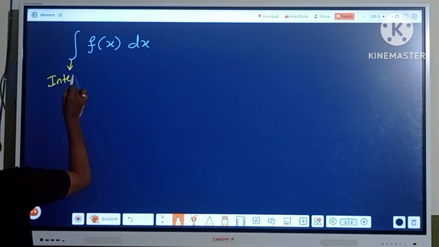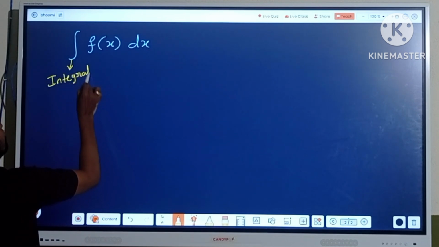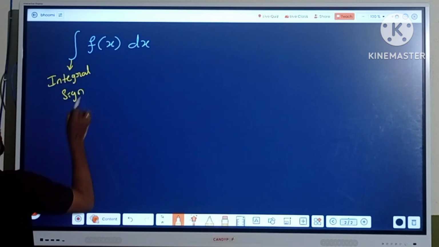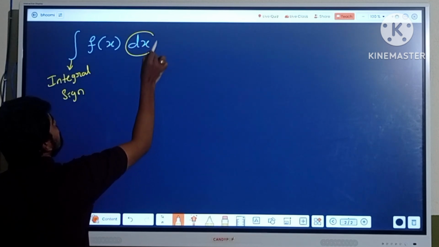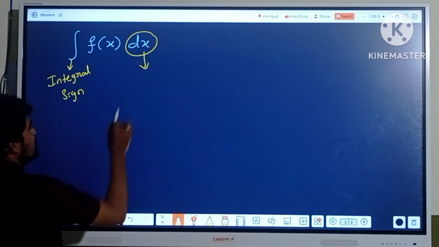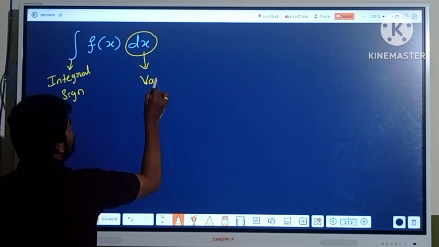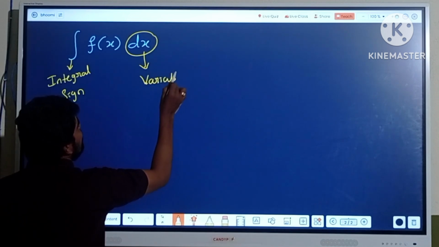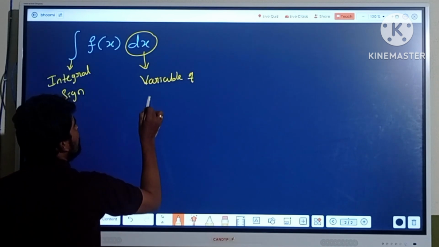And this dx is the variable of integration.